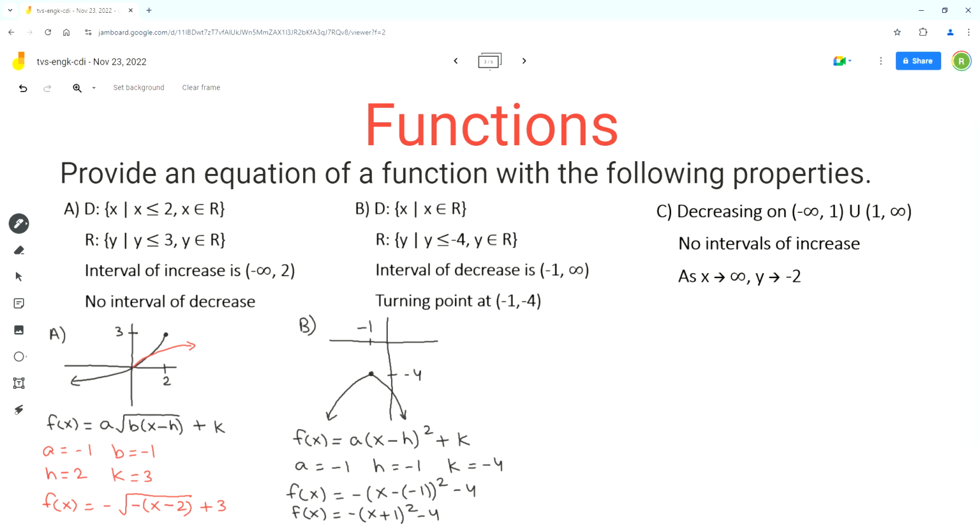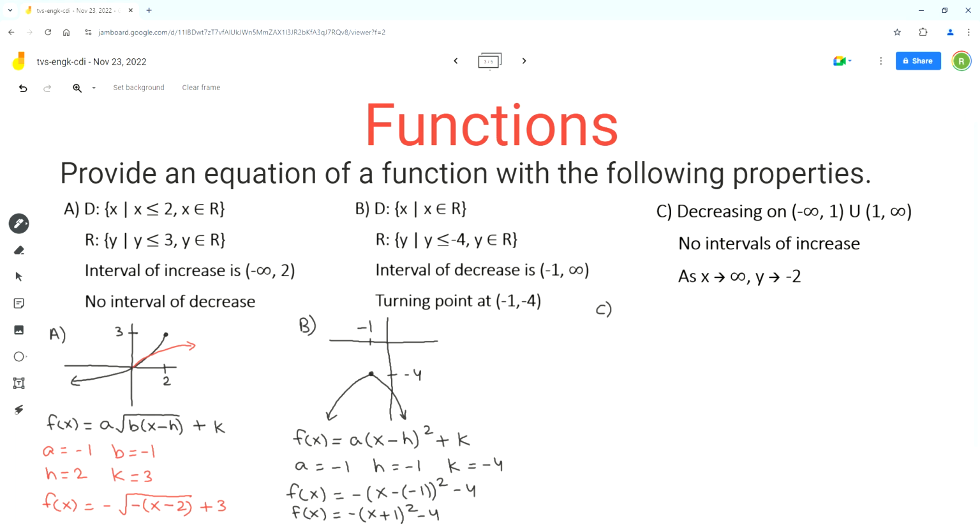Now we can answer part C. Decreasing on the interval from negative infinity to 1 and from 1 to positive infinity, no interval of increase. As x approaches positive infinity, y approaches -2. This last property suggests that there is a horizontal asymptote in this function at y equals -2.